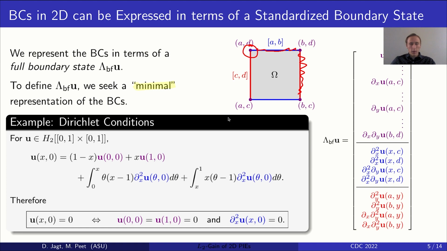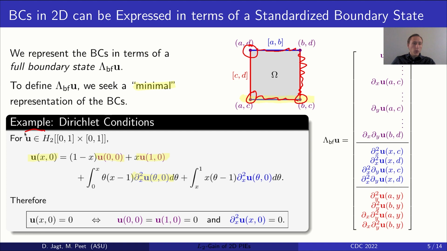of these boundary conditions. So for example, if we consider the value of the state along the lower boundary of the domain, we note that we can express this value in terms of the value at the lower left and lower right corner, over here and over here, as well as the second order derivative of the state along this lower edge.